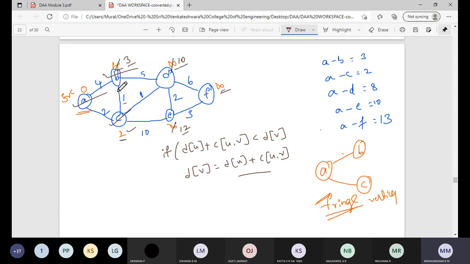Is it clear? So now once we select this vertex B, again you calculate the distance of fringe vertices of B. So already A is selected, C is selected, so we will not calculate that. We will calculate only for D, right? So here can we update the cost of D?